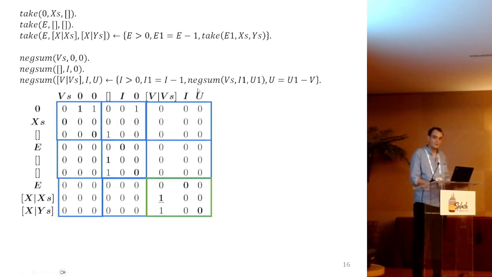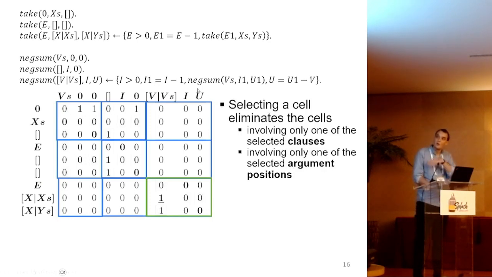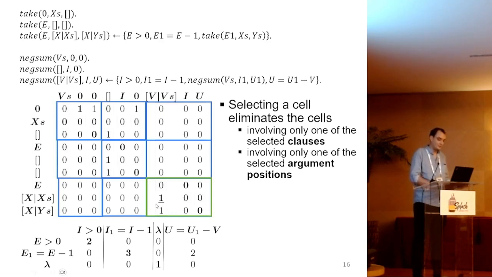So this is important because it will eliminate a whole range of cells in the matrix. It will eliminate the cells involving only one of the selected clauses and those involving only one of the selected argument positions. So we can do the same for the literals, and the only relevant literals here are in the third clauses.